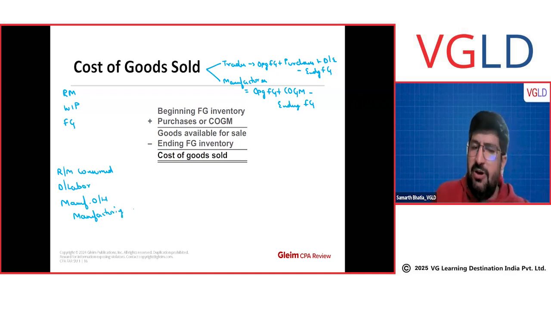To the manufacturing cost, when you add the beginning WIP inventory and you subtract the ending WIP inventory balance, you'll get the cost of goods manufactured.